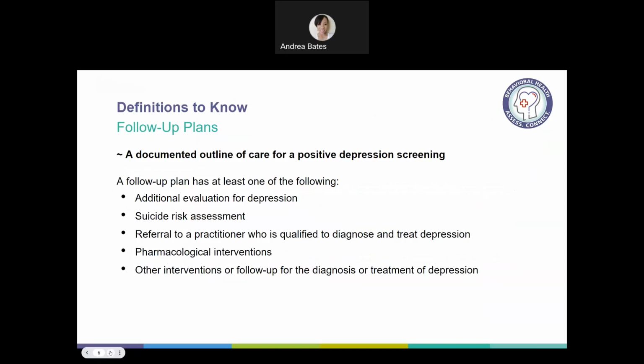So one of these 5 bullet points are present. Additional evaluation of depression is completed. Suicide risk assessment. Referral to a practitioner who is qualified to diagnose and treat depression. So a psychologist, psychiatrist, and a licensed clinical social worker.